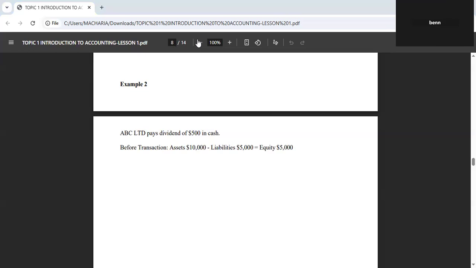Assets 9,500, equity 4,500. Okay, I agree with you. You are giving out cash, which means that the total amount of cash you have will reduce. Are we there? The total amount of cash you have will reduce. When you reduce the amount of cash, definitely it is going to have an effect on the left-hand side.